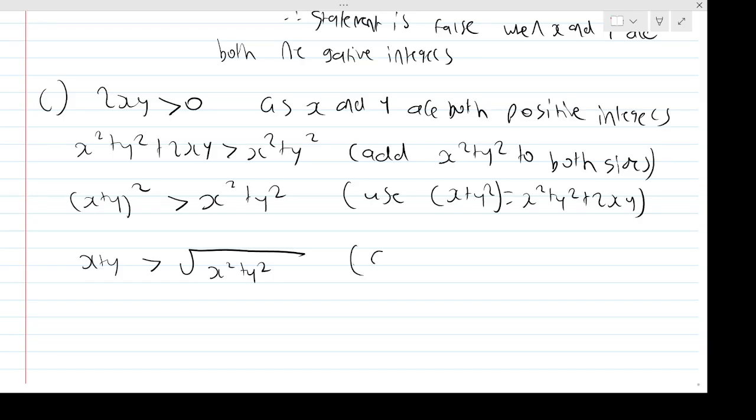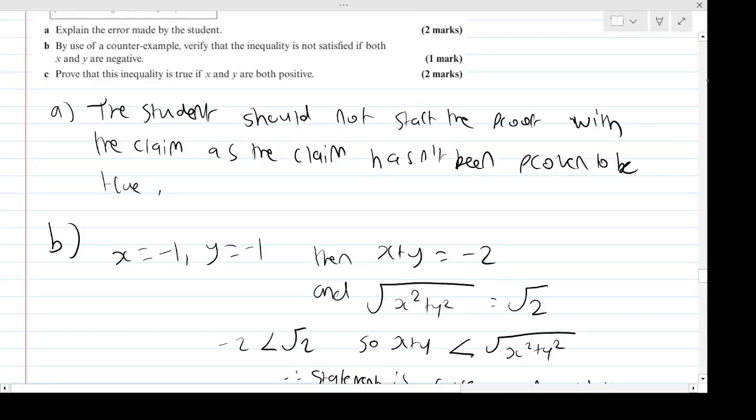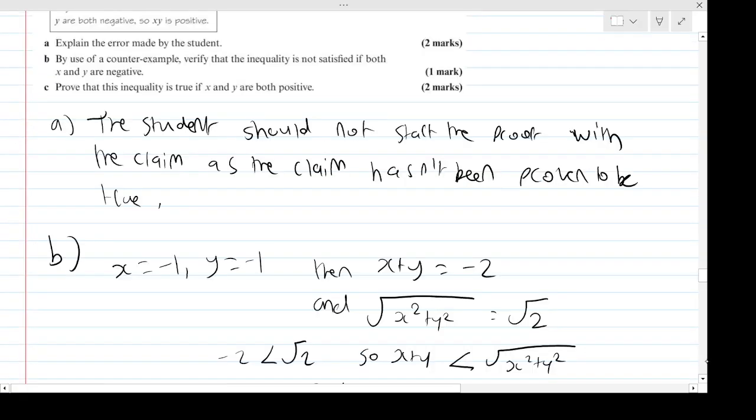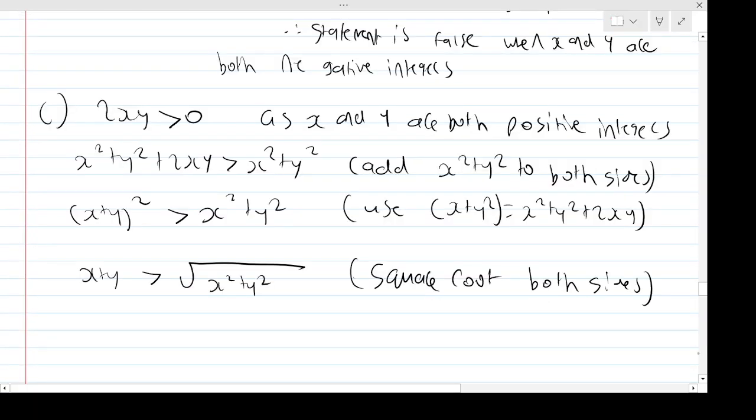So I'm going to say square root both sides because that's what we've done. And we get to that statement. Well, there we are then. So we proved the inequality. x plus y is greater than or equal to the root of x squared plus y squared.